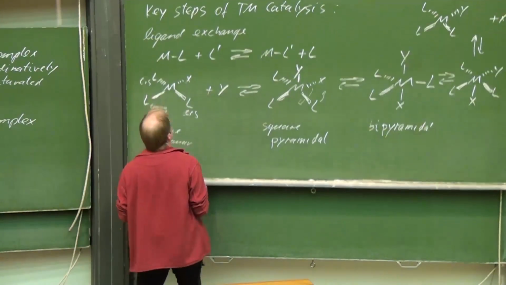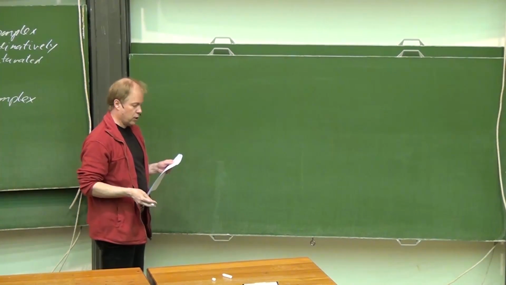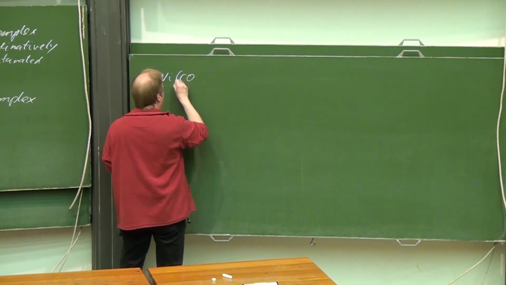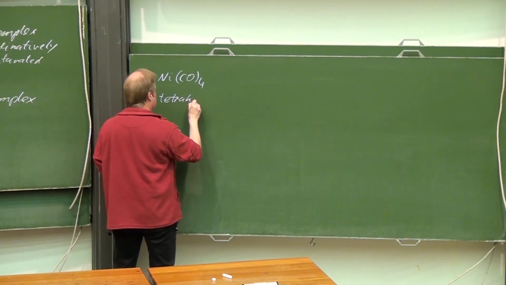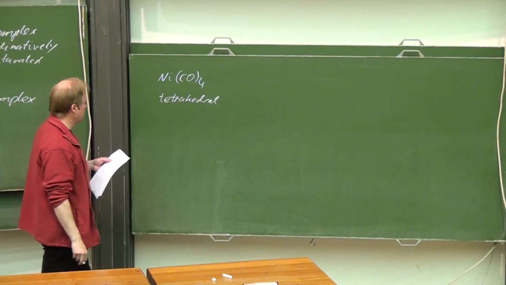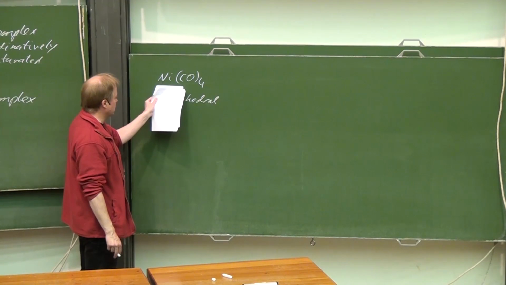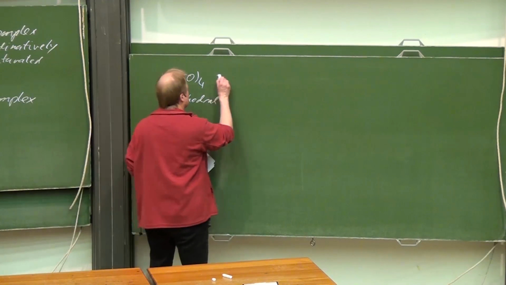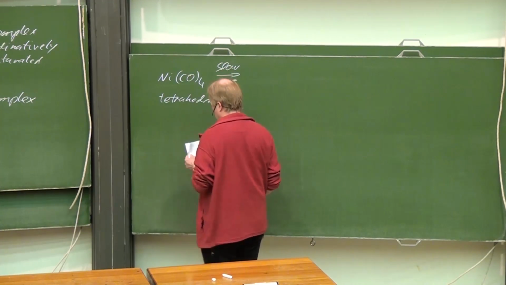So, in the case of a ligand exchange with a coordinatively saturated complex, for instance with this tetrahedral nickel tetracarbonyl complex, well, before you can exchange something, the one carbon monoxide has to leave the complex, and this is generally the slow reaction step.